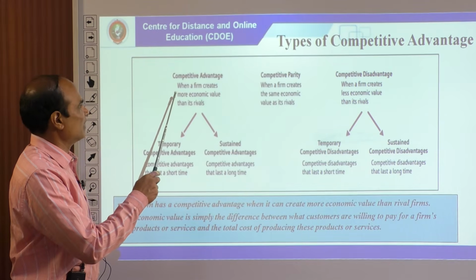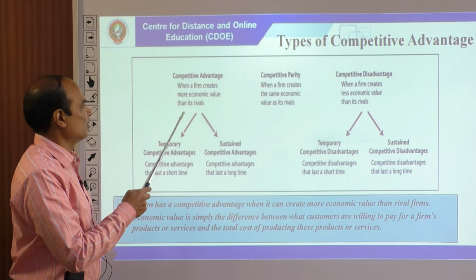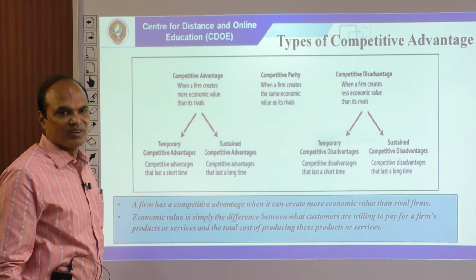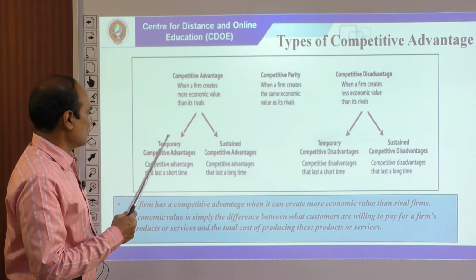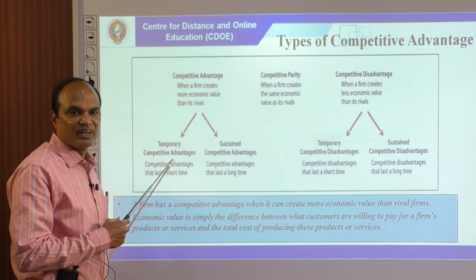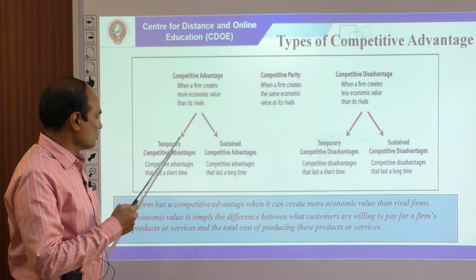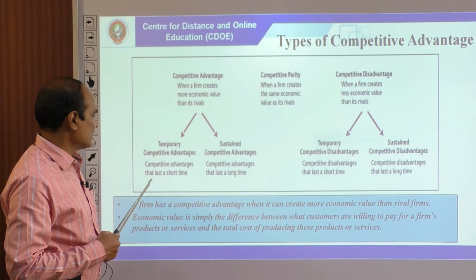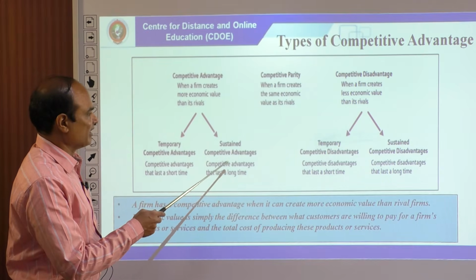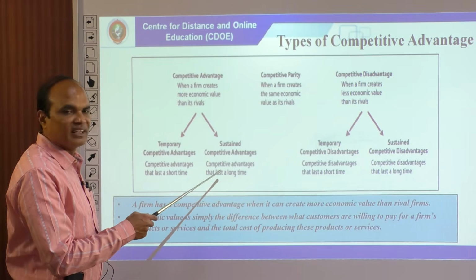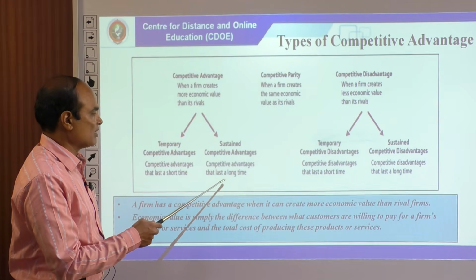A competitive advantage comes when a firm creates more economic value than its rivals, and it has two sub-types: temporary competitive advantage and sustained competitive advantage. Temporary competitive advantage lasts a very short time. The sustained competitive advantage, or SCA as we normally call it, is the competitive advantage that lasts a long time.